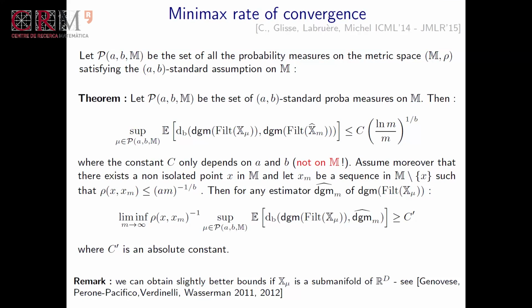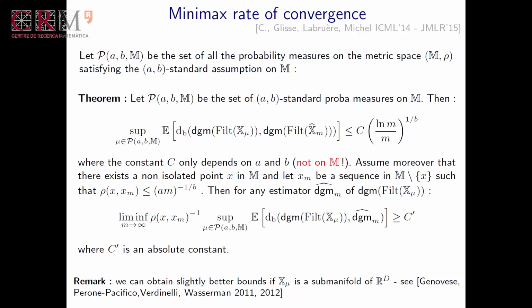So you know that whatever the measure you choose, as soon as it is A/B standard, the expected bottleneck distance between the diagram built on top of m points and the limit diagram is upper bounded by (log m over m) to the 1 over b. So we get an upper bound on the convergence rate. Don't waste too much time reading this, it's a bit technical.